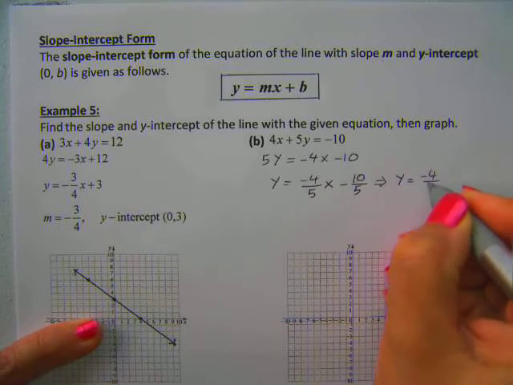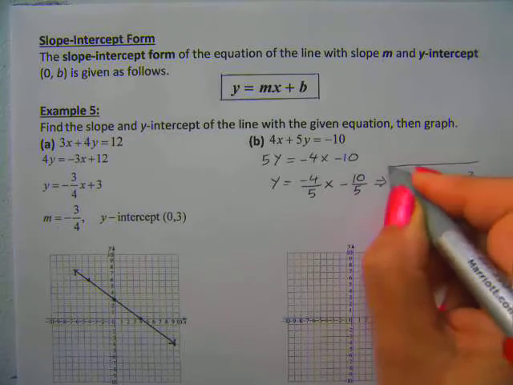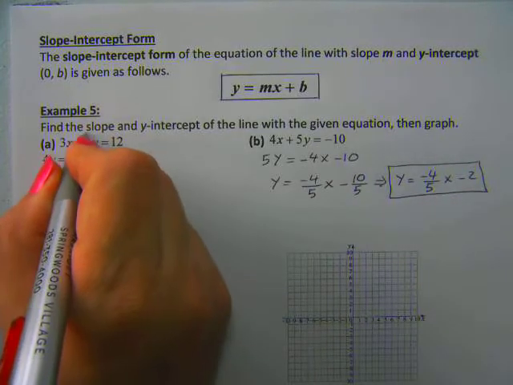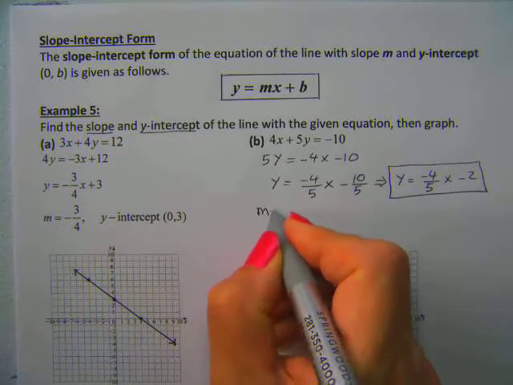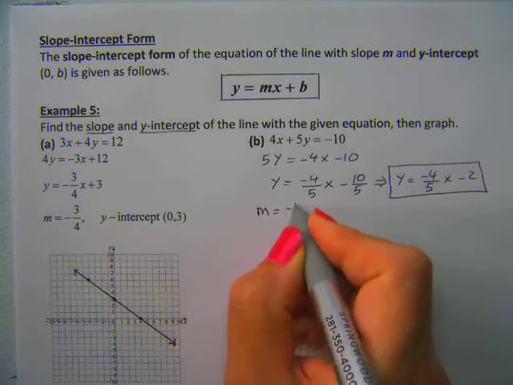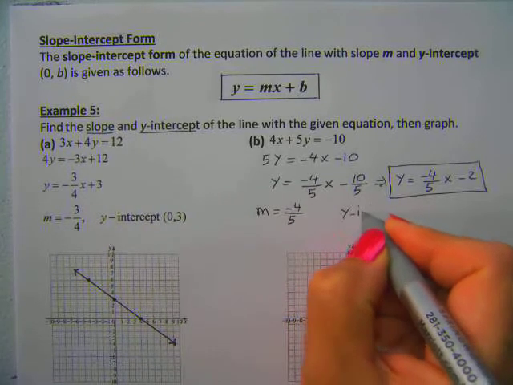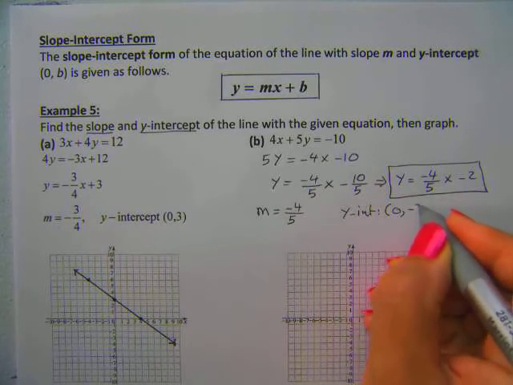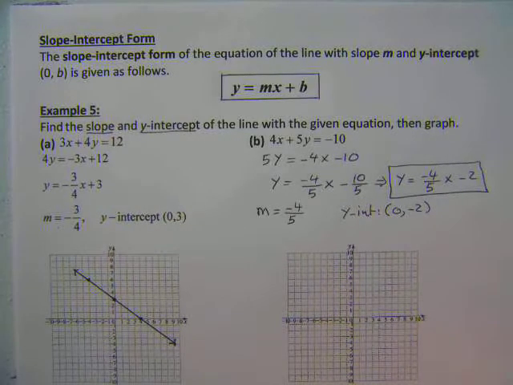So we get y equals negative 4/5 x minus 2. Remember the question: you need to find the slope and the y-intercept. So the slope is negative 4/5, and the y-intercept is negative 2. You can write it as only negative 2 or as a point. It's up to you.